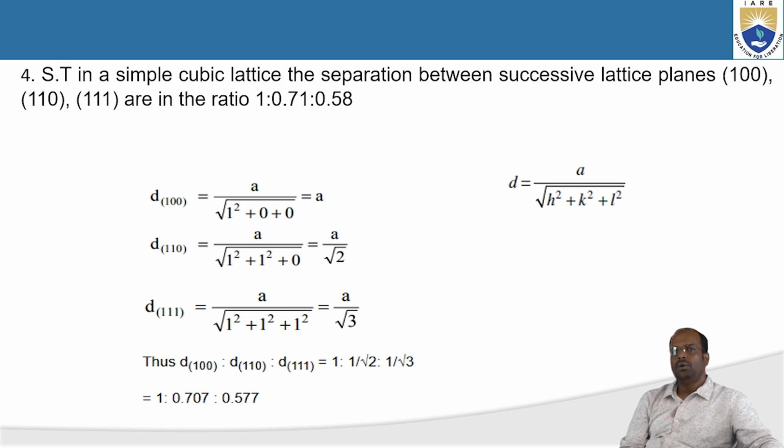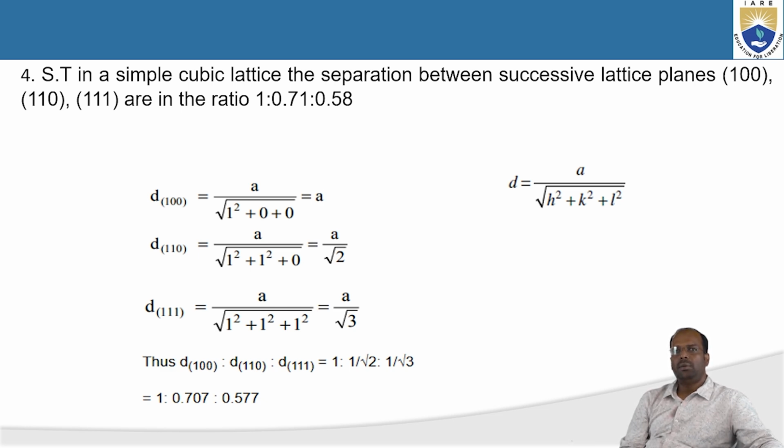So we need to substitute the HKL values in the interplanar spacing formula. D is equal to A by square root of, for the 100 plane, 1 square plus 0 plus 0. Then we are getting A. Likewise, for the 110 plane we are getting A by root 2.